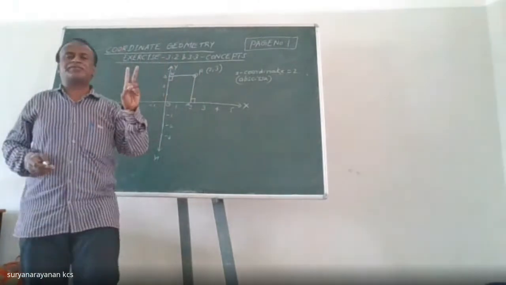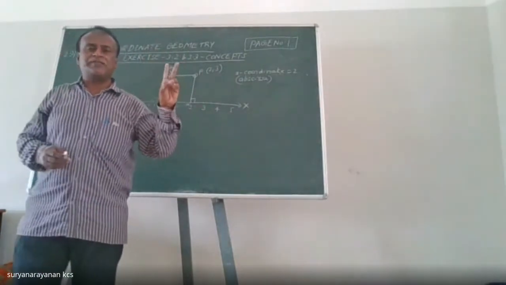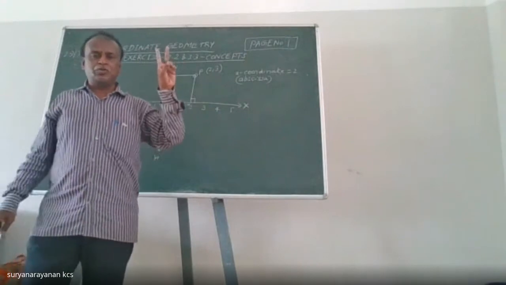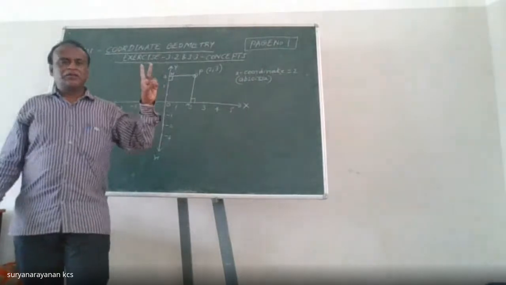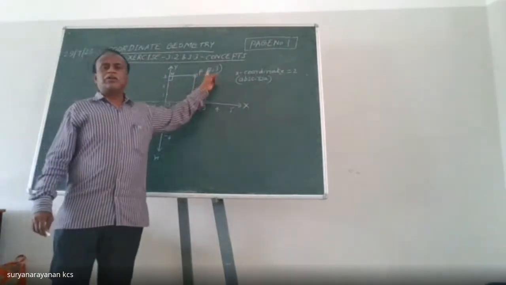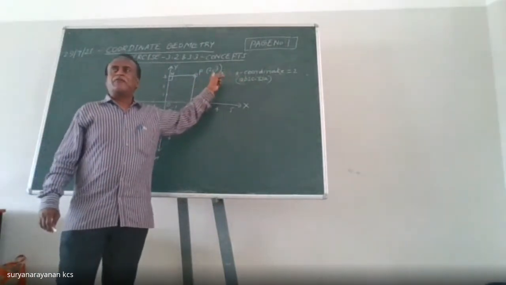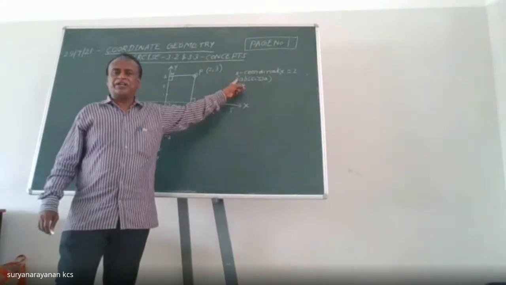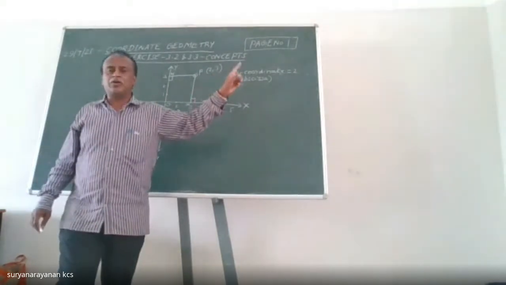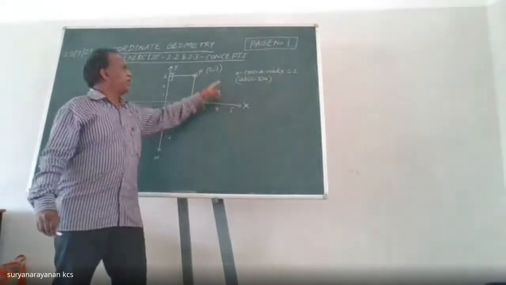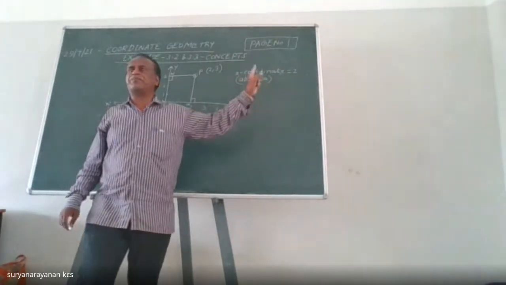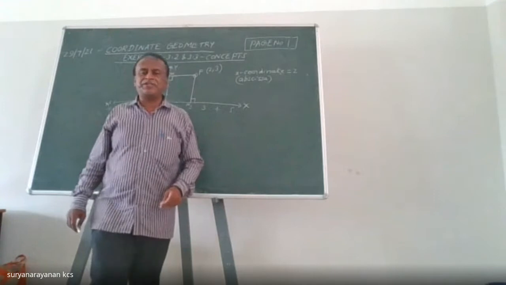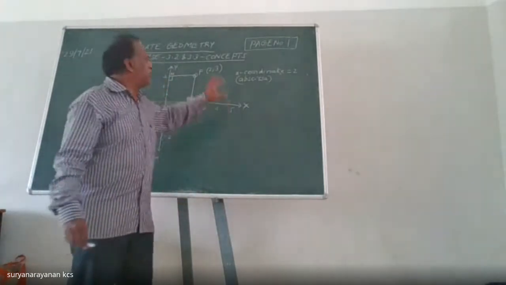These two numbers are called coordinates of the point P. The first number is called x coordinate and the second number is called y coordinate. Here x coordinate is also called abscissa. Remember this point.